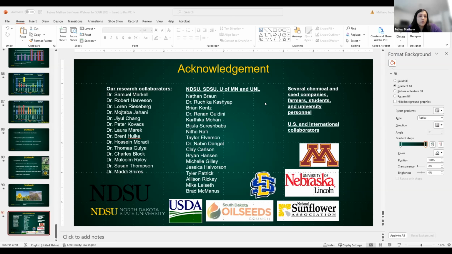Or if one wants to do it in 2 years or so, we do ask them to disc the residue. So you're breaking down the residues as much as possible so that the fungus that might be overwintering on the surface of the residues do not get a chance to infect the sunflowers. That's what we recommend to the farmers at this time for crop rotation.